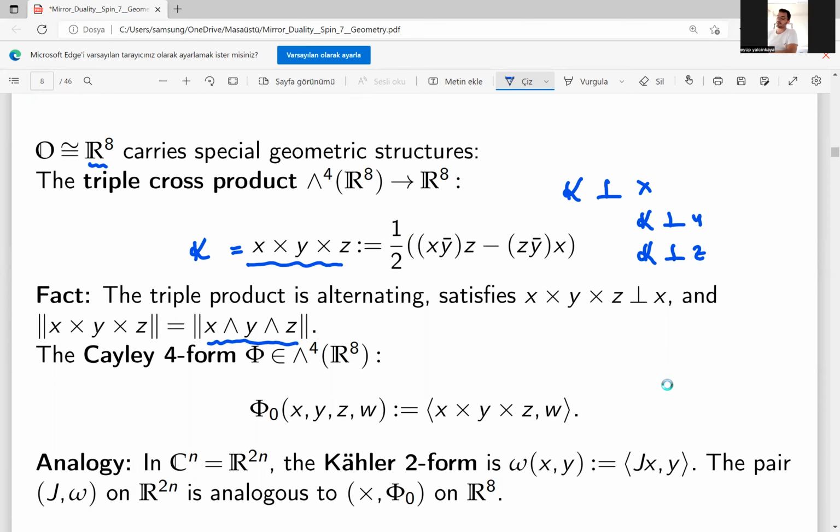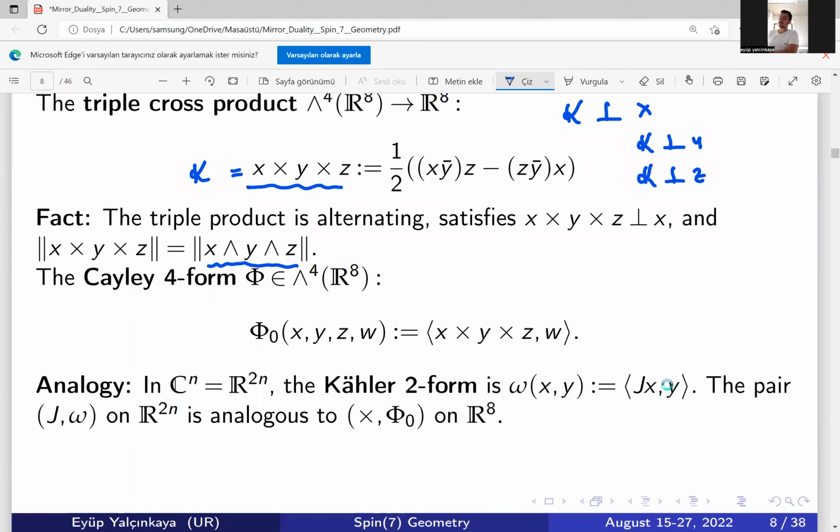From this part, this is actually the volume form on x, y, and z. Another definition for the Cayley 4-form, which we will see later: the Cayley 4-form can be constructed as the triple cross product of x, y, z, taken inner product with v.